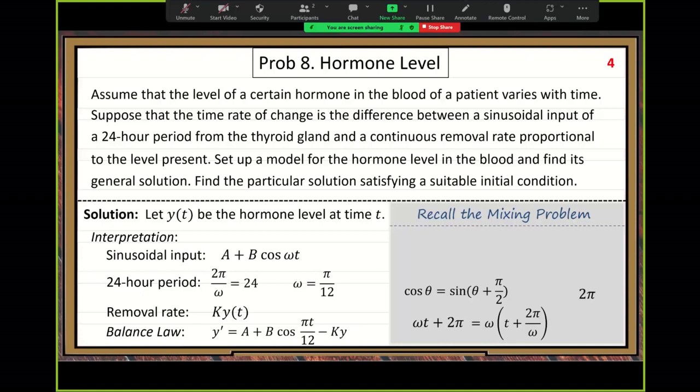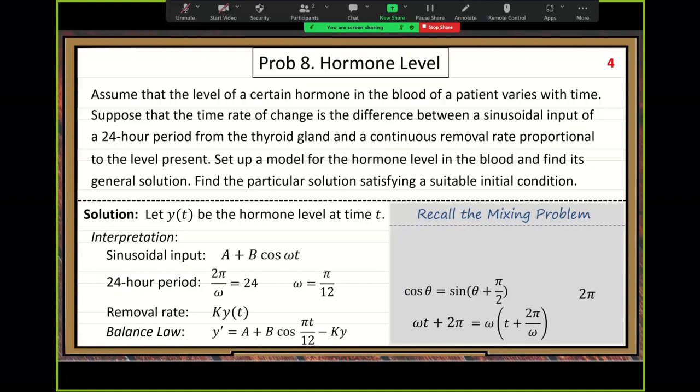About the 24-hour period: we need to use it to determine omega. Omega is used to determine the period. We know cosine is a 2 pi periodic function, but here the period is 24 hours.